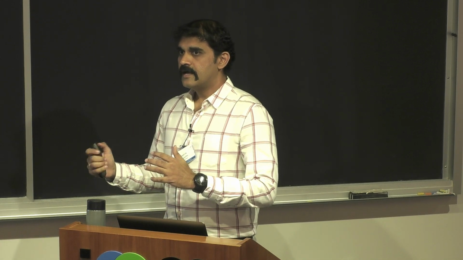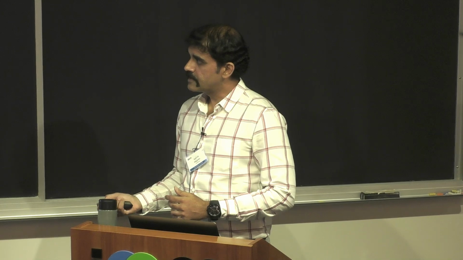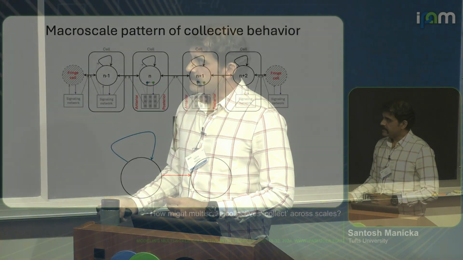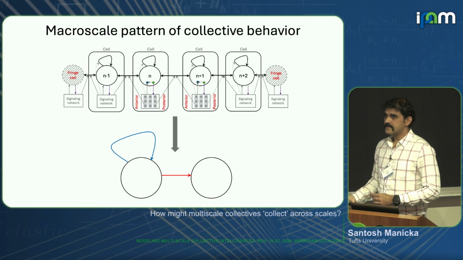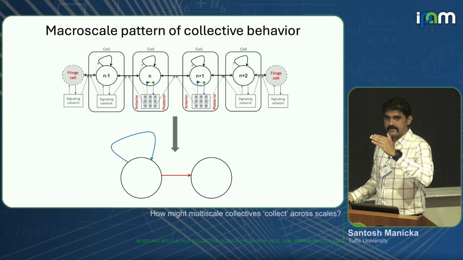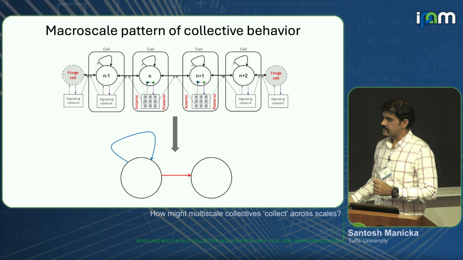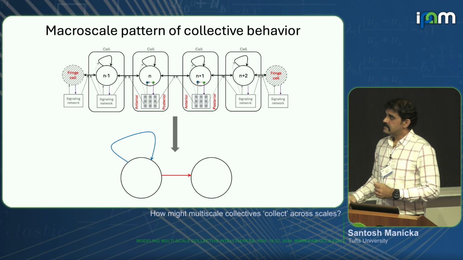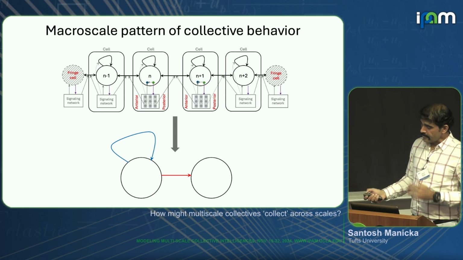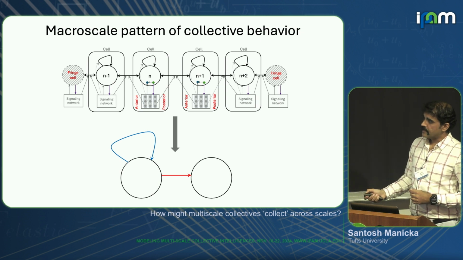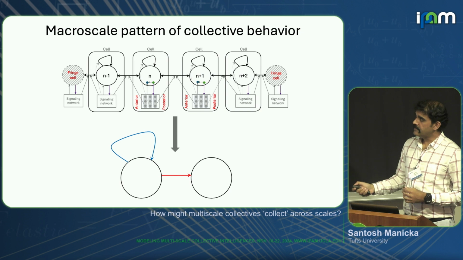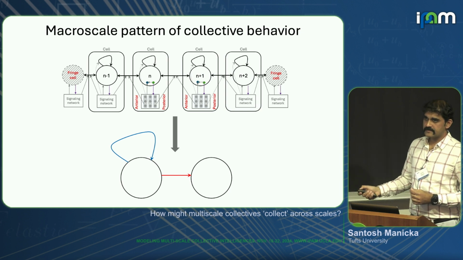This is interpretable because it helps explain why, from a homogeneous initial state, we get a gradient that is positive in the anterior half and negative in the posterior half. So this macroscale pattern is one example of characterizing collective behavior of a complicated system like this.